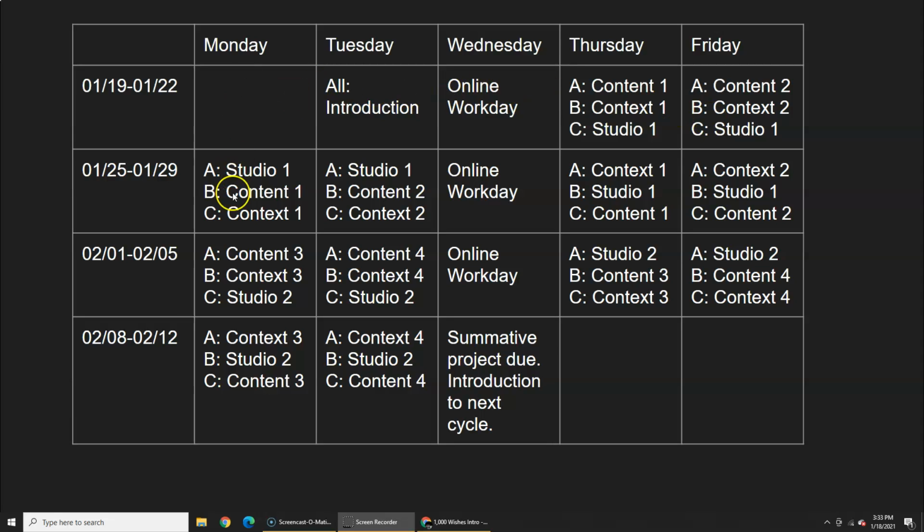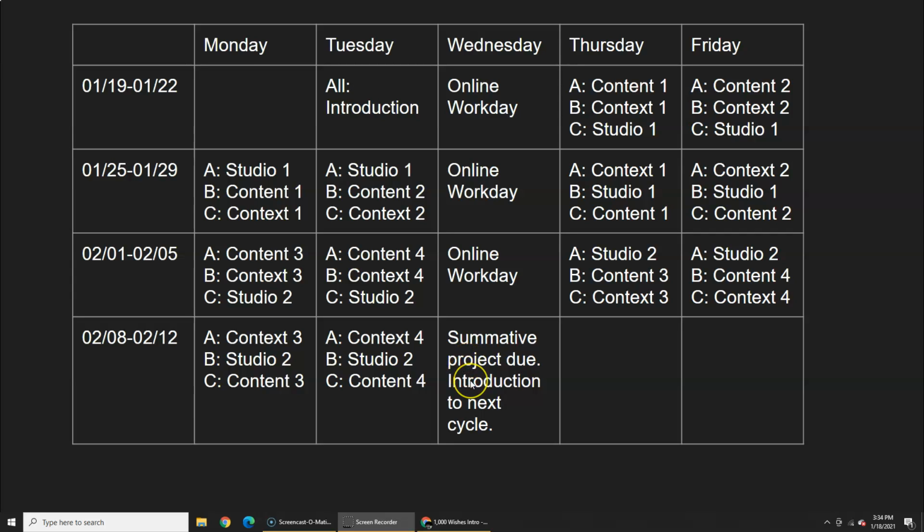And then when we go next week, A is in studio for Monday and Tuesday, and B and C are online work day. B is in studio for Thursday and Friday. A and C are online, and by this point everybody has done 2 days of each of the components. After that, we go on to the next set of components and rotate through those.